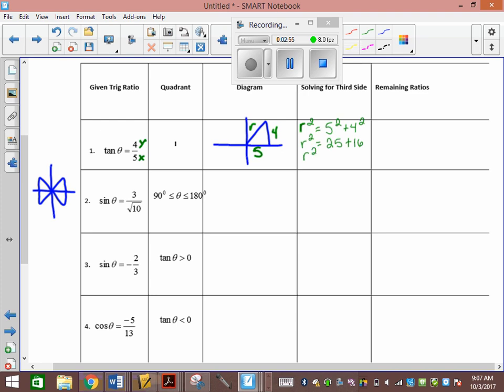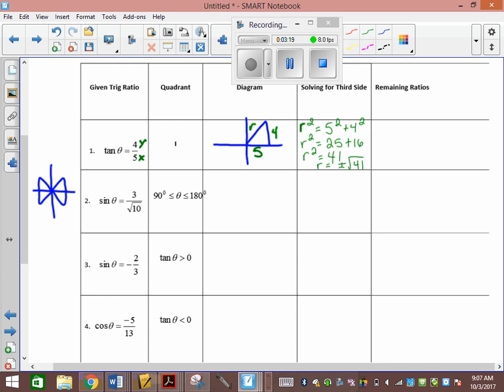R squared equals 41. So r equals plus or minus square root 41. Which one's it going to be? Plus, because the radius is a length, and lengths can't be negative.